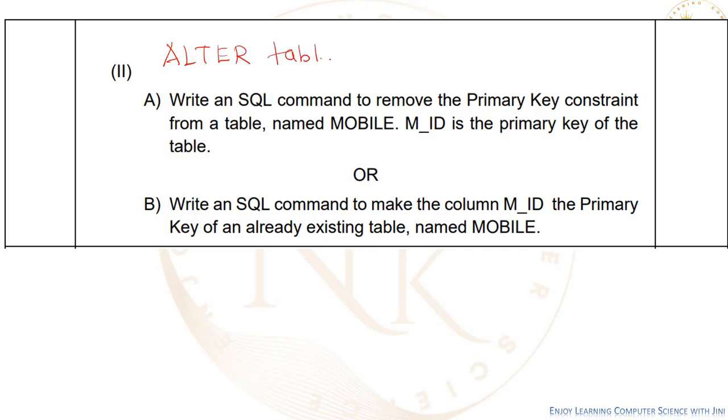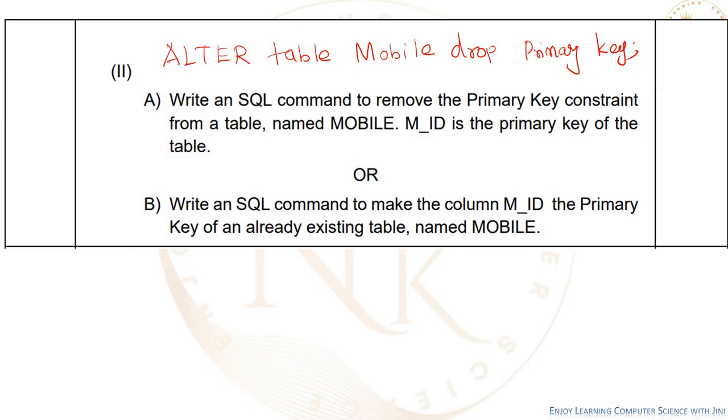Alter table mobile, correct? Alter table mobile. You have to remove, so drop. Okay, you are dropping the primary key. Drop primary key. This is the query to remove your primary key. Alter table name, drop primary key.